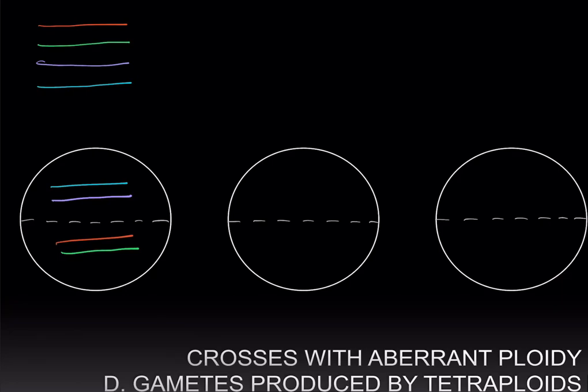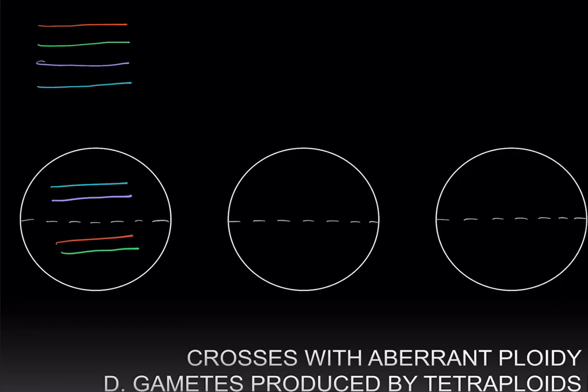Now, since these aneuploid gametes are not going to produce viable progeny, we can essentially ignore them from our analysis, and we just need to consider, when we are looking at the genotypic proportions of these gametes, how many ways are there to produce diploid gametes from these 4 chromosomes. And so the question we are asking is, how many ways are there to choose 2 chromosomes out of 4 chromosomes?